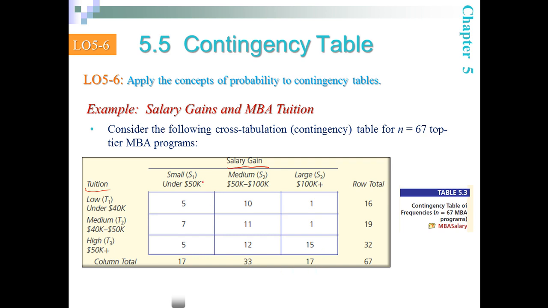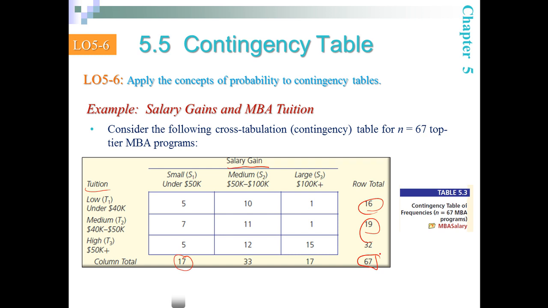If you sum down the rows, if you have the column sums, you're going to see 17 out of the 67 are small gains, 33 are medium gains, 17 are large gains. Sum across the columns for the row totals to get 16 are low tuition, 19 medium tuition, and 32 are high tuition.